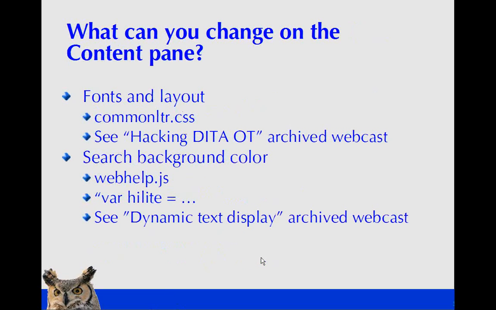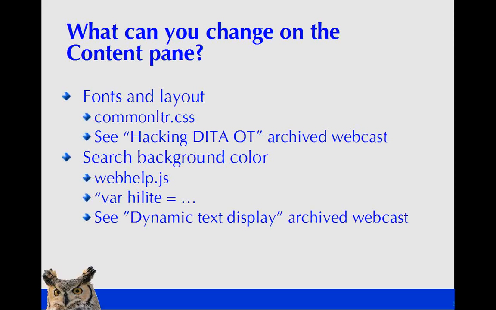There is some other text, though, particularly in the search, that does come from script webhelp.js, and that includes if you were to enter a term here that is not known, it says no results for X, Y, Z, and this text actually comes from the webhelp.javascript file.